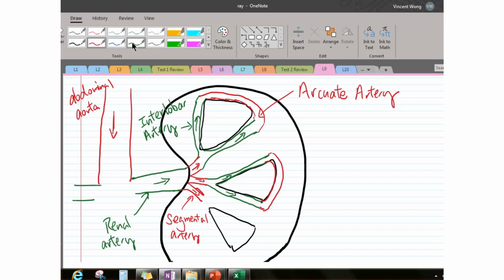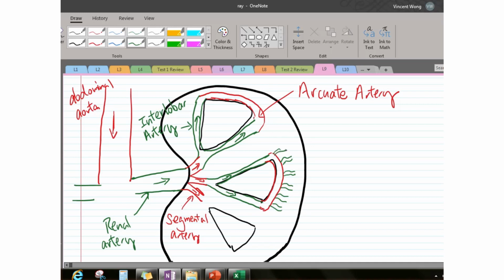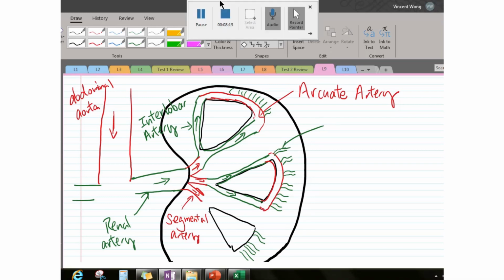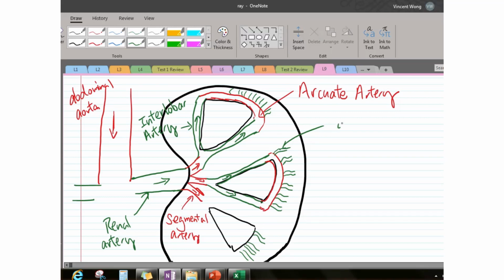We're almost there. From the arcuate artery, you're going to have these smaller arteries branching out like that. These go directly into the cortex of your kidneys, so they are called cortical radiate arteries, because they're in the cortex.